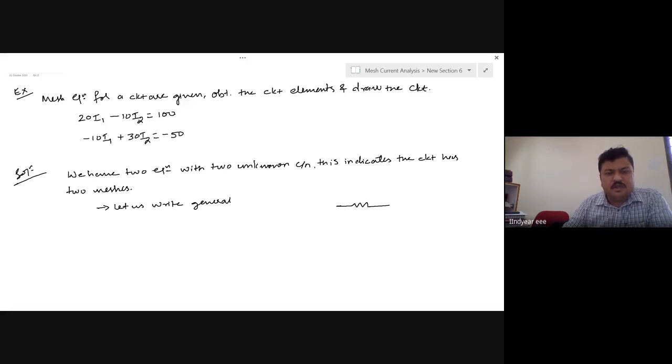It means that there is one common element between mesh 1 and mesh 2. Let us take this for mesh 1, this for mesh 2. The RHS of mesh 1 is not 0. It has some value. It means that there is a voltage source of 100 volts in mesh 1.